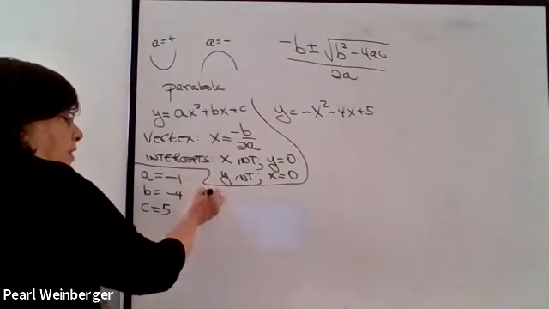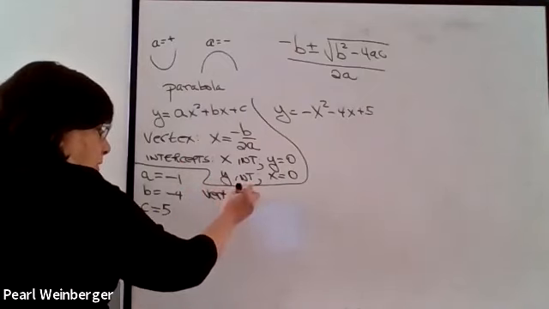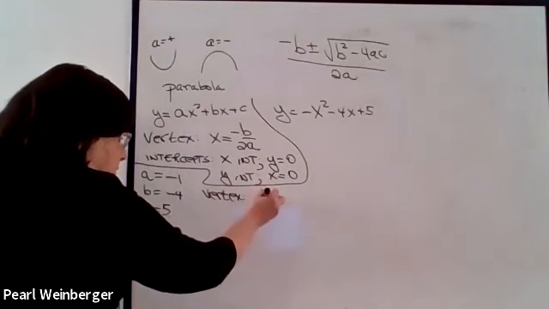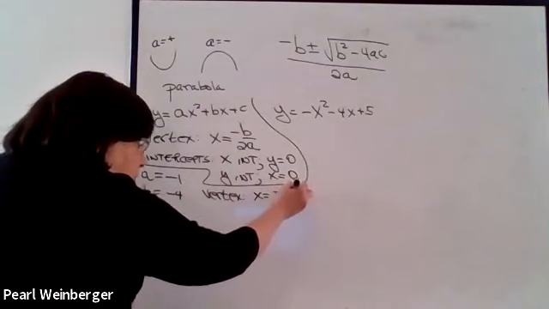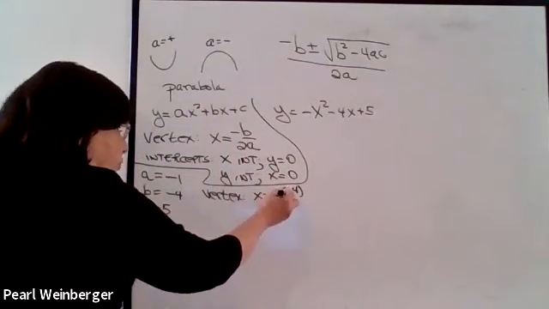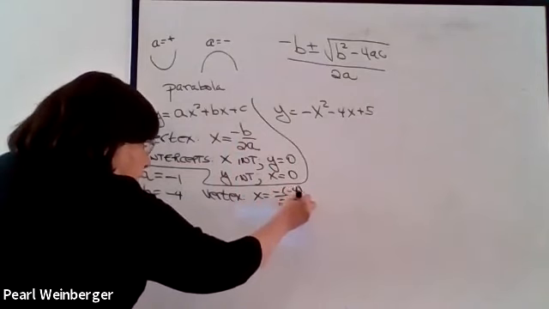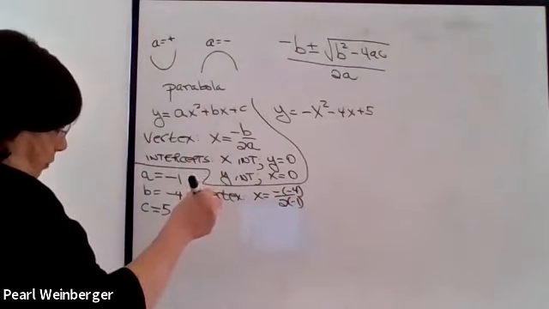So if I want to find the vertex, I'm going to have to do x equals negative b, which is -4, over 2 times -1, because my A is -1.